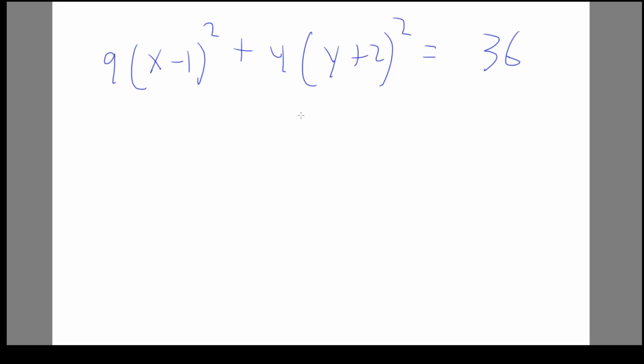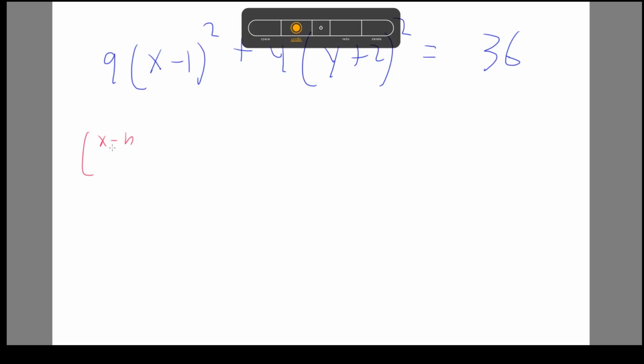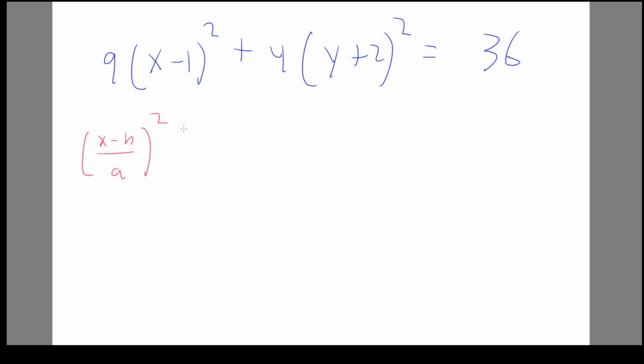Okay, so now, let's remember that for the general form of an ellipse, we have (x minus h) over a, squared, plus (y minus k) over b, squared, is equal to 1. So right now we have 36, and we want to divide by 36 on both sides of this equation to get this thing here equal to 1.